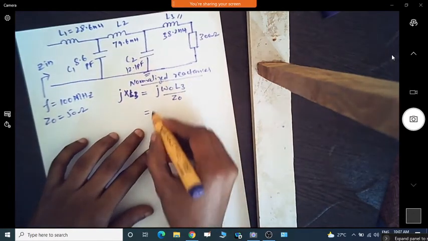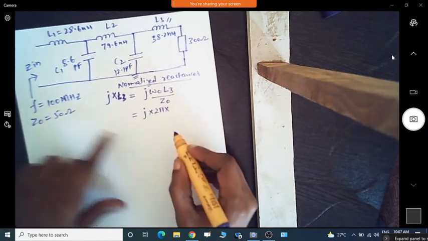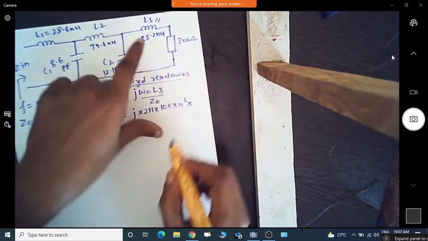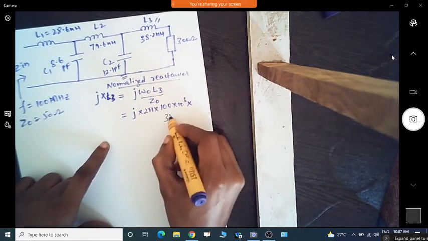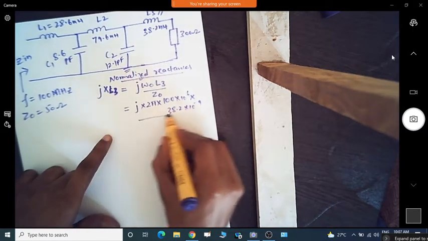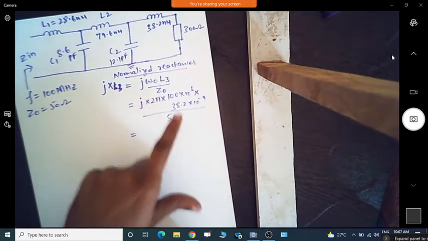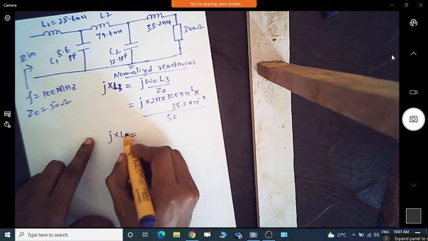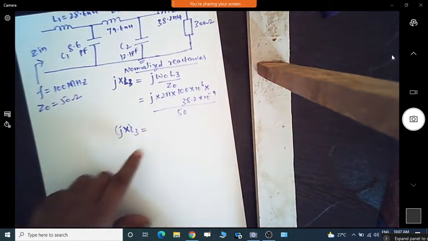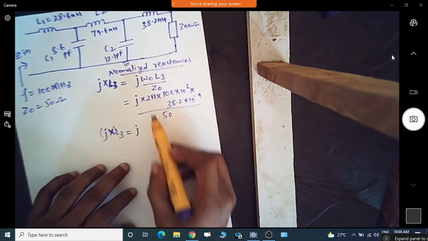This is the reactance offered by the inductor L3. Now substitute: j into 2 pi into the frequency 100 into 10 power 6, and L3 is 38.2 into 10 power minus 9 henry, that is nanohenry, divided by 50 ohm. Now calculate the series reactance jx of L3.